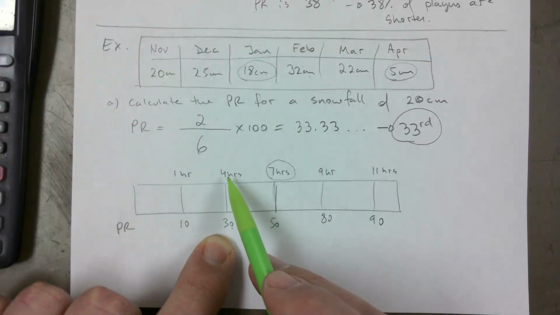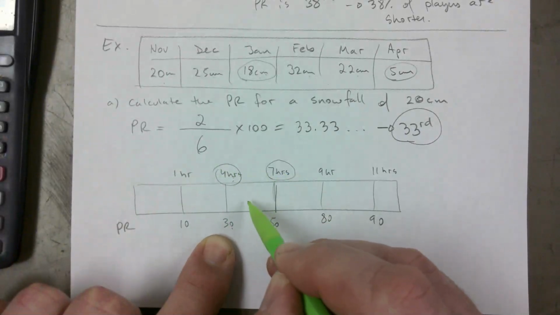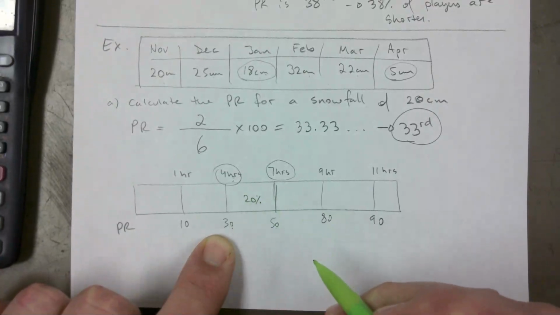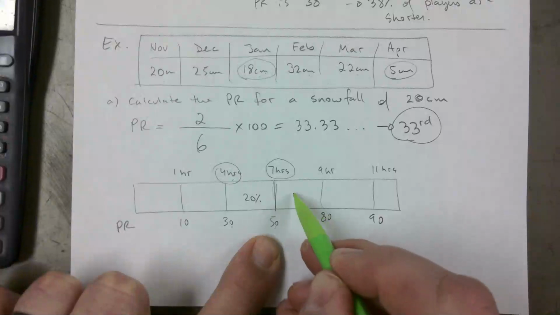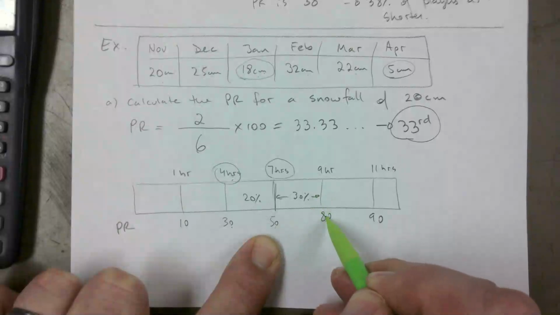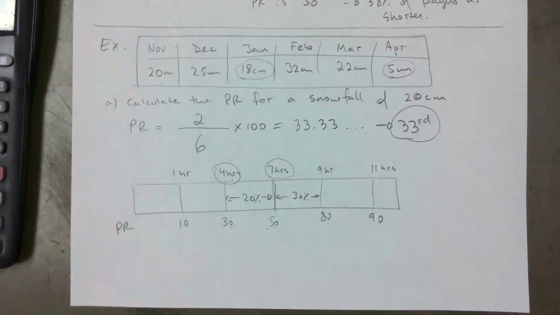But what if they said between 4 and 7? What percentage is in between? You should be able to see that it's 20% in between. Okay? Here, there's a 30% in between. Okay? Just by looking at these values. So sometimes they've done that. Just be careful there. Be wise about it.